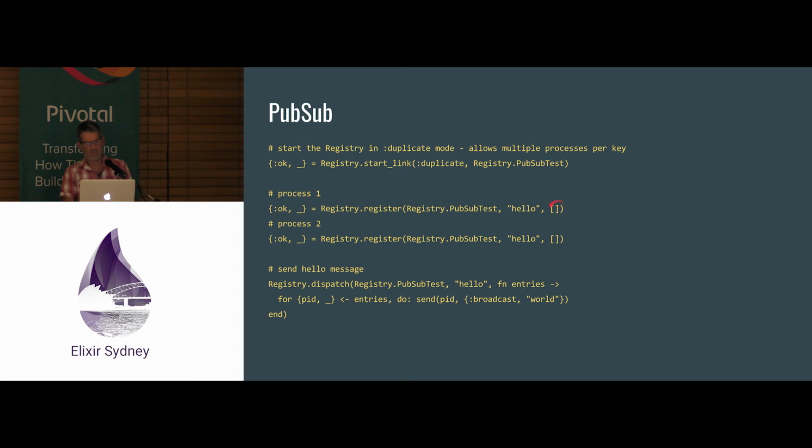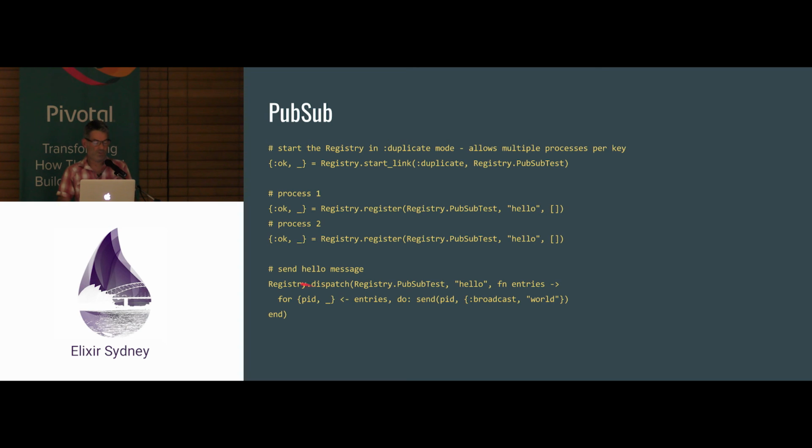You have to pass some value at the end, and I don't really know why that is, but you can attach a value along with that key. So you have your process under a key and it has a value. And then from another process you can register against the same key and you could have a different value if you wanted.